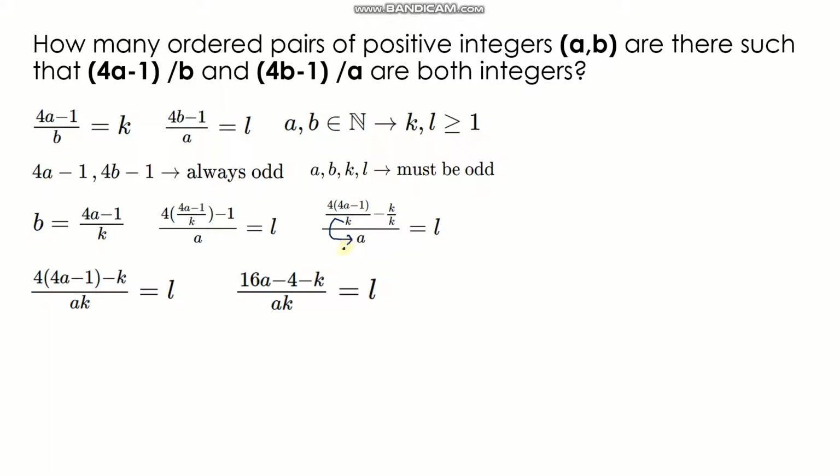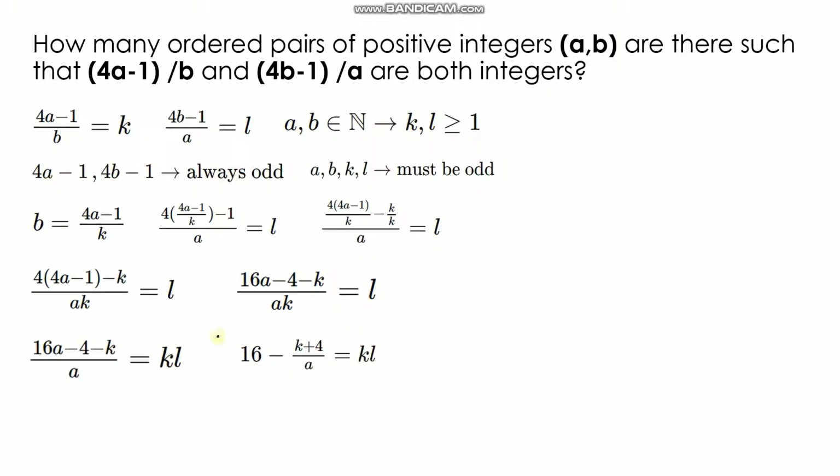The equation becomes (4(4a − 1) − k) over ak equals L. Distribute the 4, becoming (16a − 4 − k) over ak equals L.